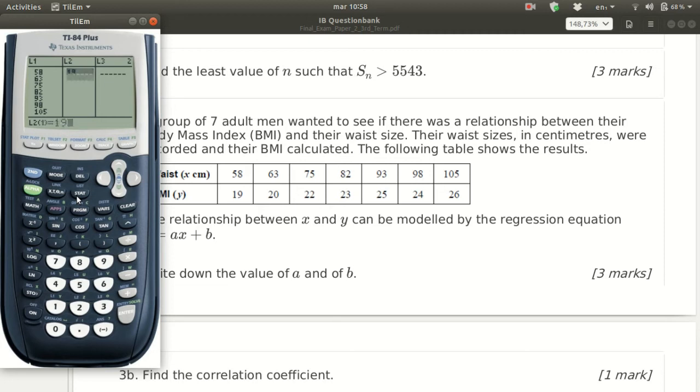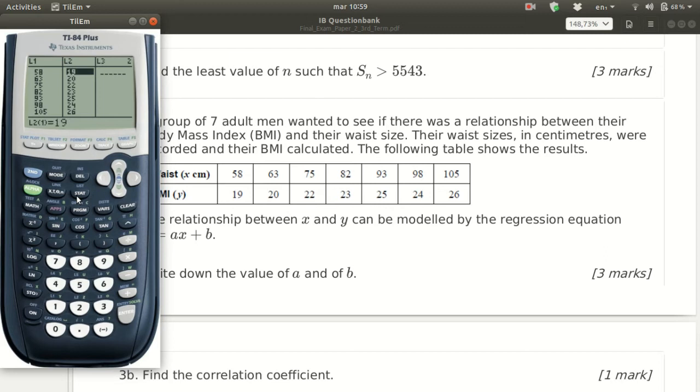So 19, 20, 22, 23, 25, 24, 26. So I'm going to go through it again to make sure that I didn't make any mistakes. 55, 63, 75, 82, 93, 98, 105, 26, 24, 25, 23, 22, 20, 19.